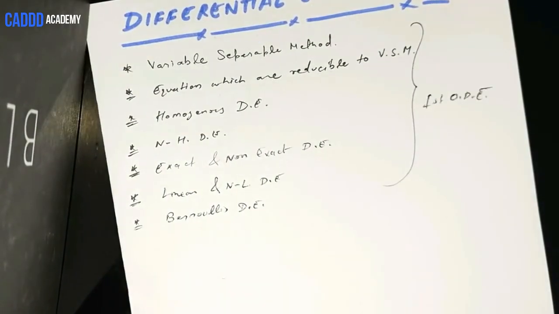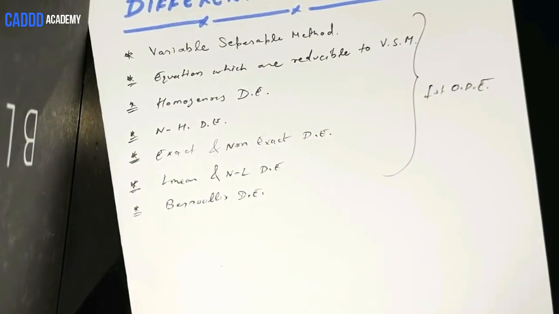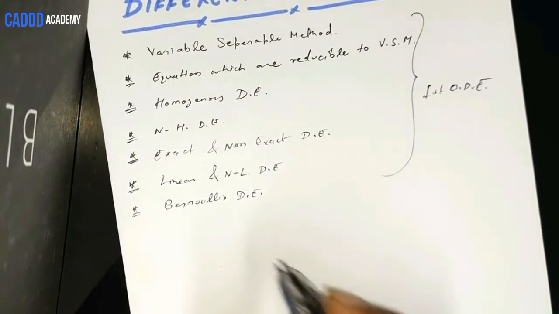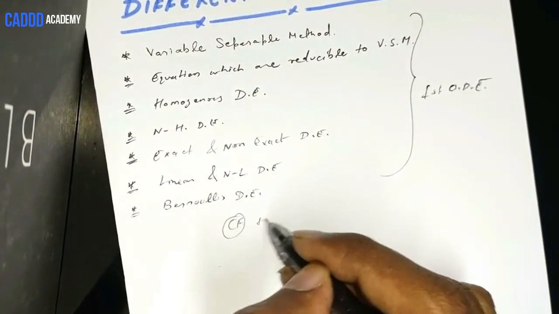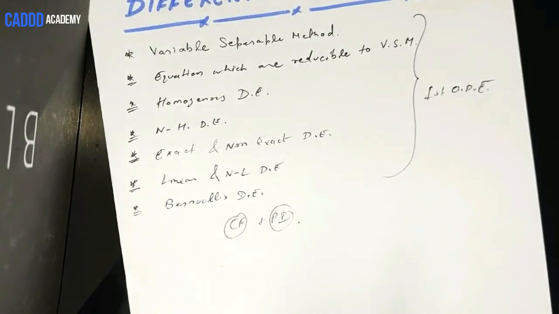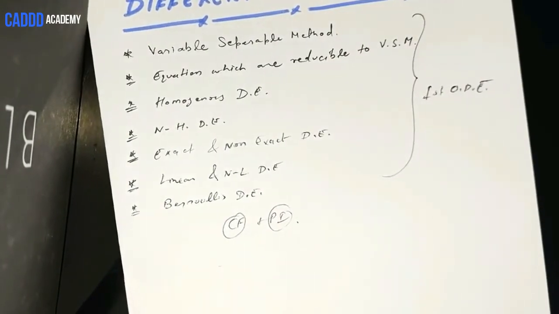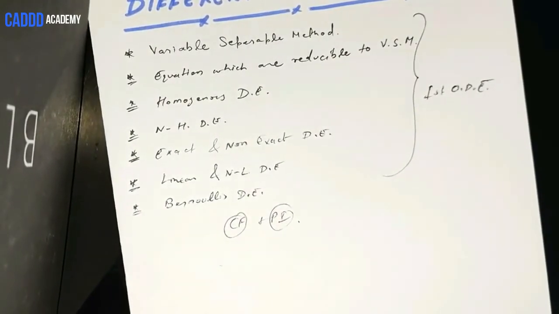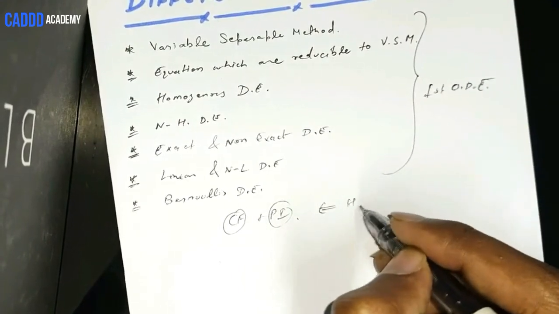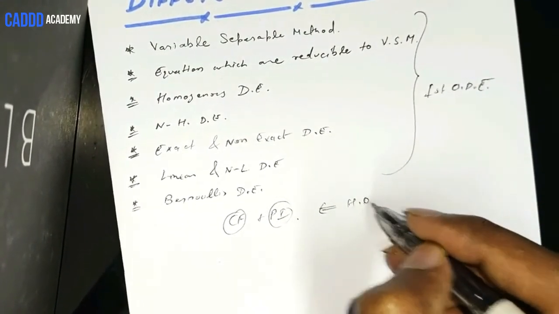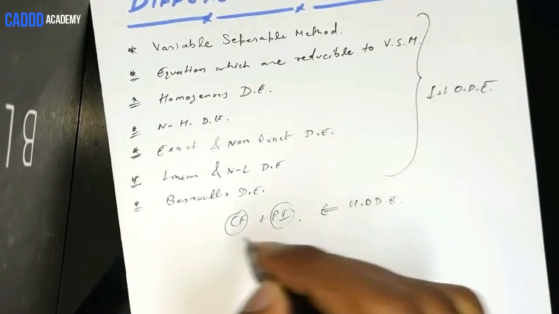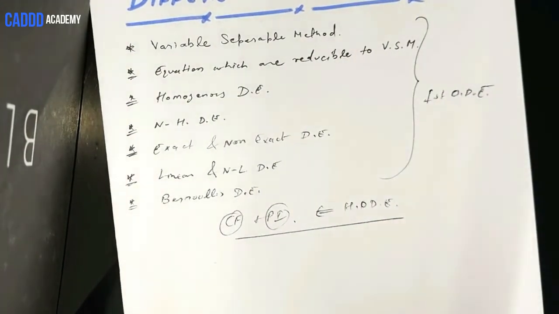So after covering all these types of differential equations, we will move to the second order differential equations and we will calculate their CF and PI of different types of second order or third order differential equations, okay? So we will do this for higher order differential equations, okay? We will study all these differential equations by solving the problems, no theoretical formalities, okay?